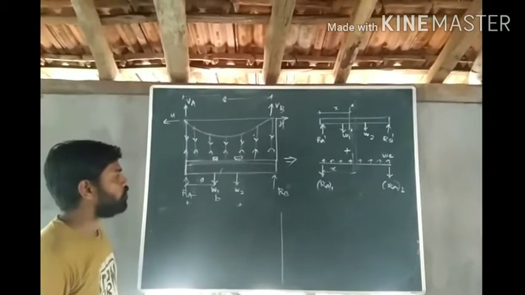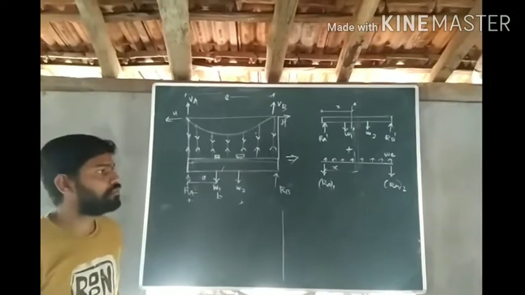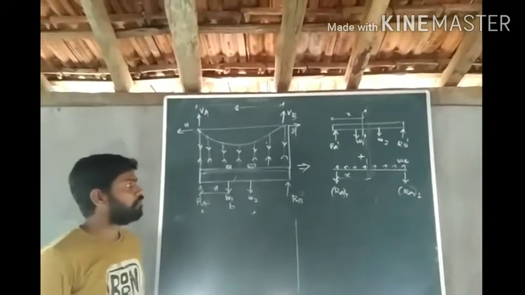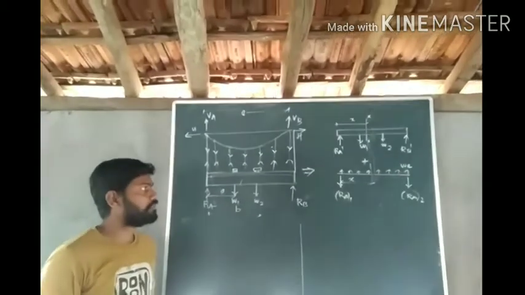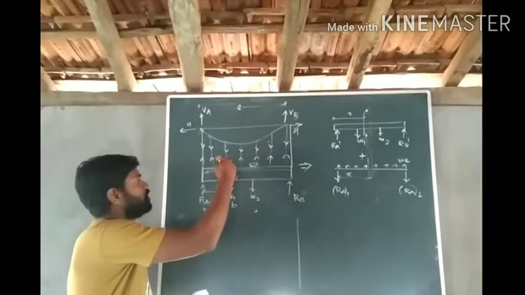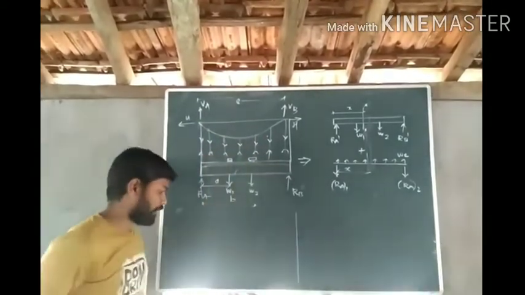Now in this type of numerical you will be asked to find out the shear force and bending moment in the stiffening girder. When we analyze this, we will analyze the suspension cable separately and the stiffening girder separately.